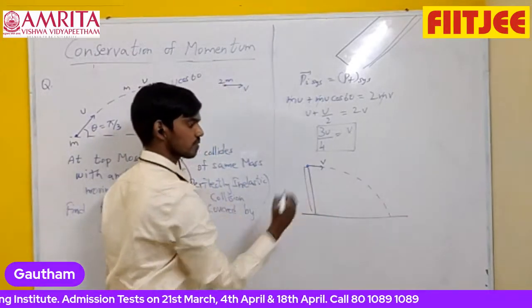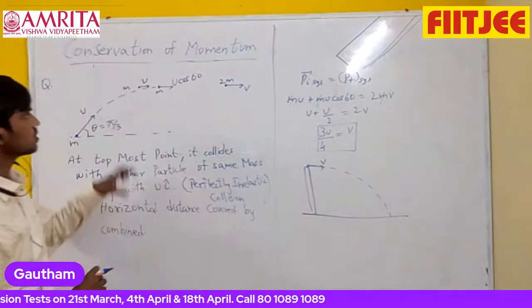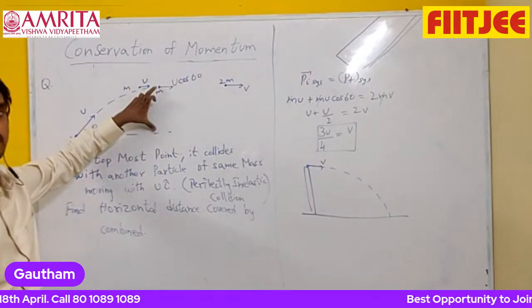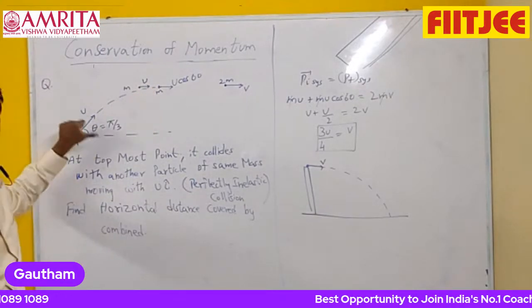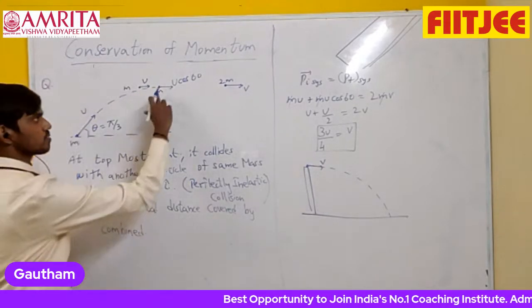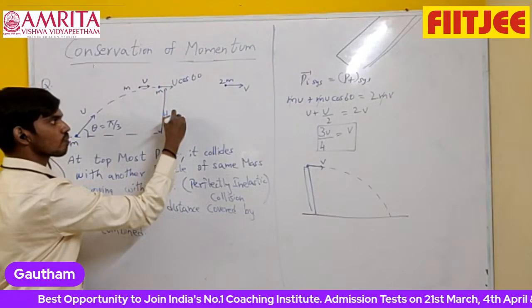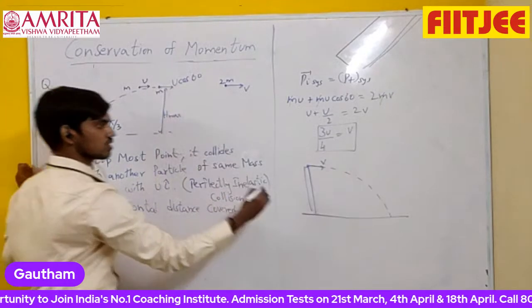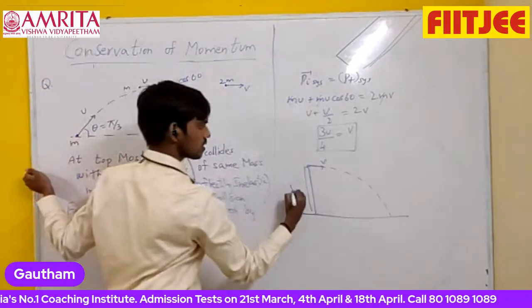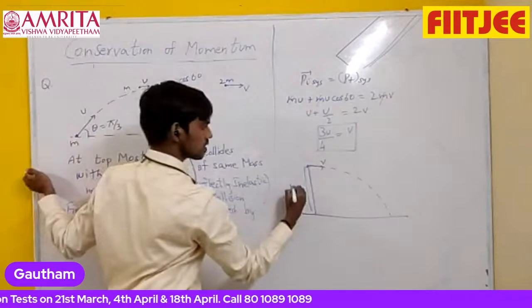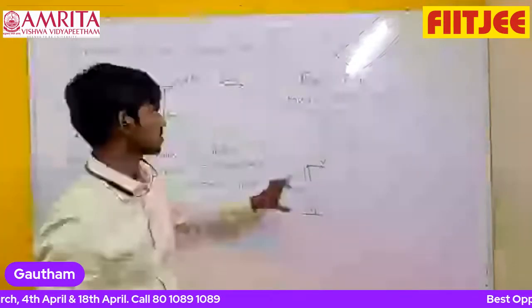What is the initial height? Initial height is, topmost point இருக்கிறதுனால, what is the maximum height when you throw with speed u at an angle theta? H max, அதுதான் இங்க. So what is the formula for H max?